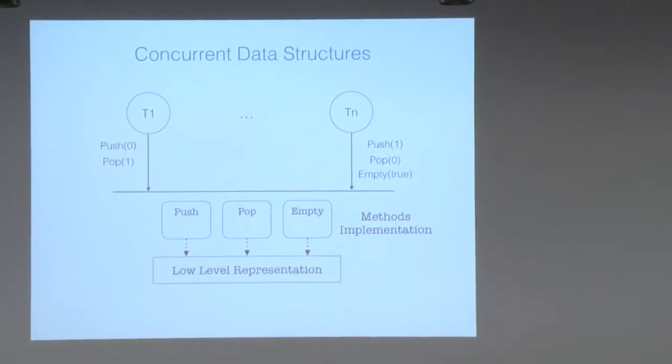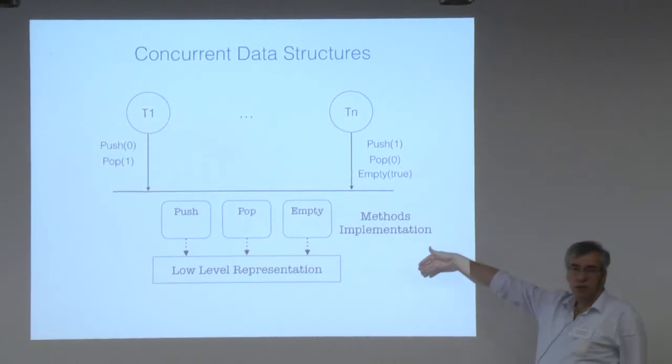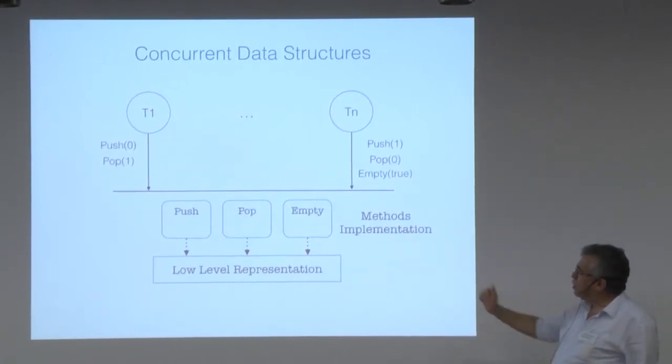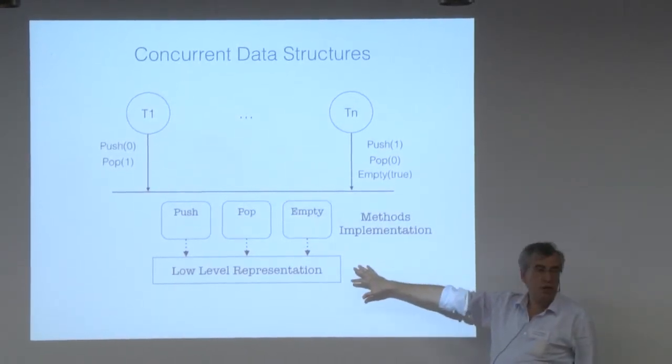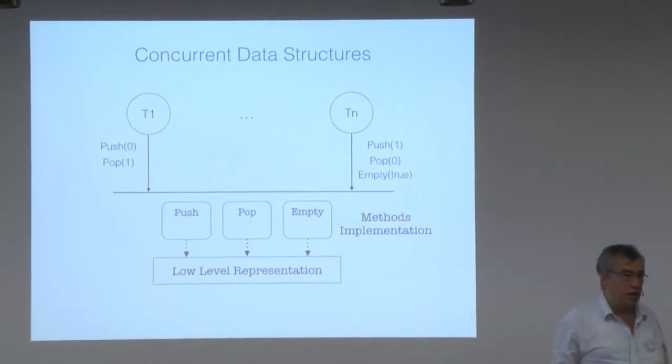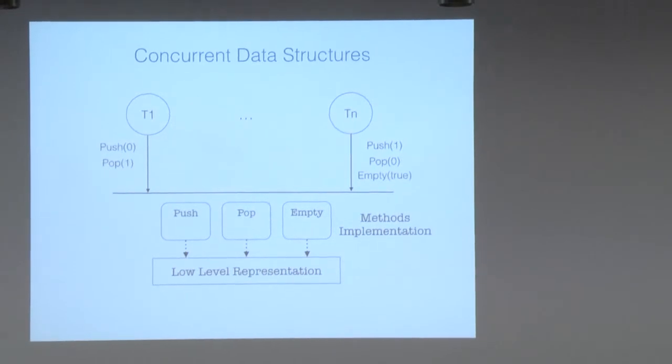So you do them at some level of abstraction, and then there is the implementation, which is invisible from the users, which is going to use some low-level representation and try to implement these operations as fast as possible.